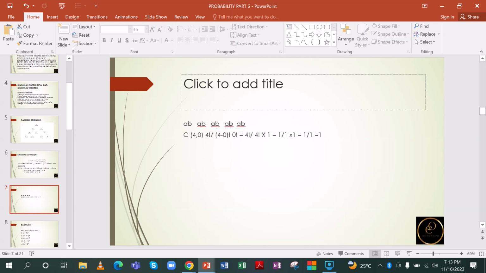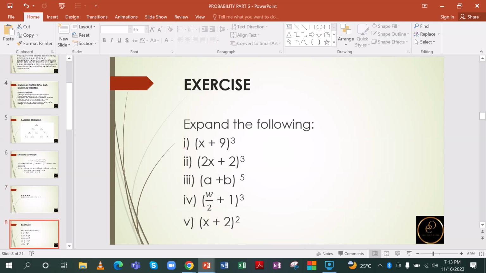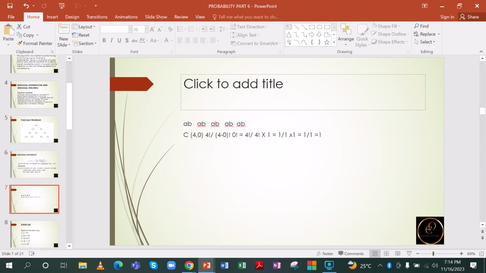We have x plus 9 raised to power 3. So expand this using binomial expansion. How many items are here? It is x and 9. Are we together? And then the power is 3.